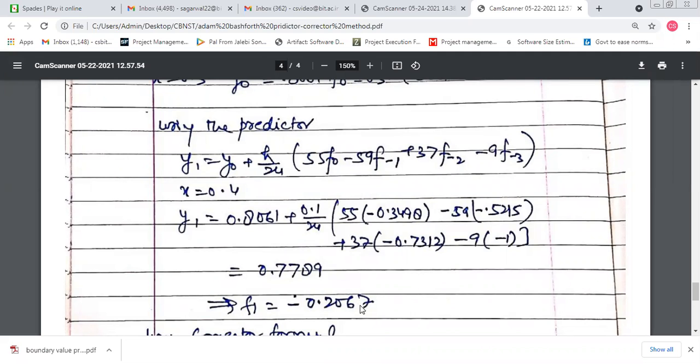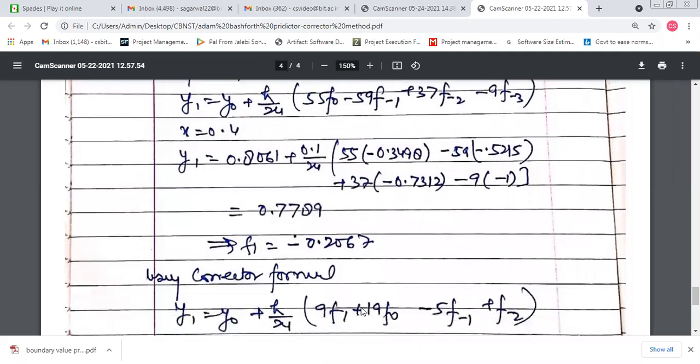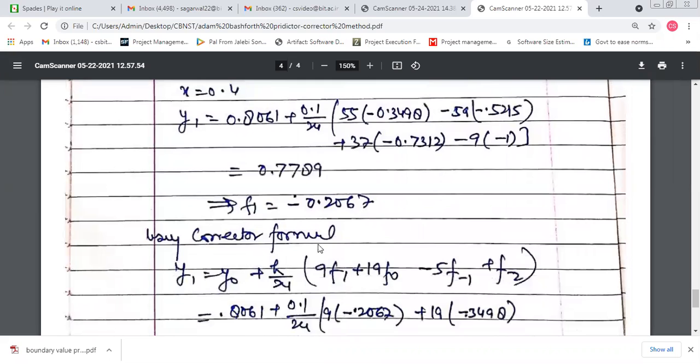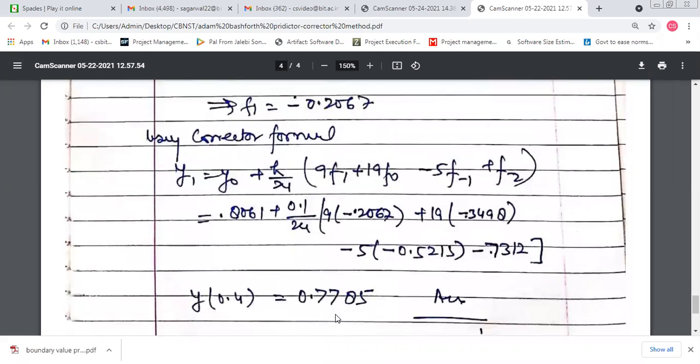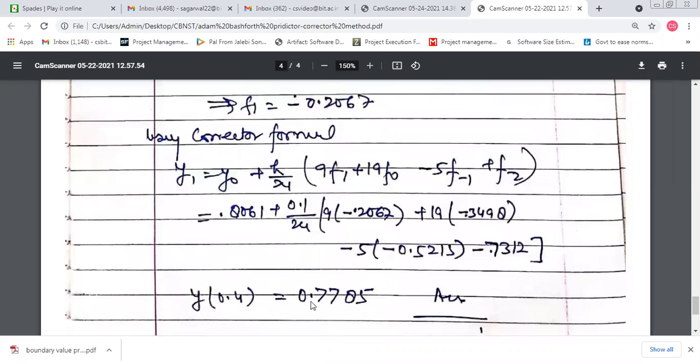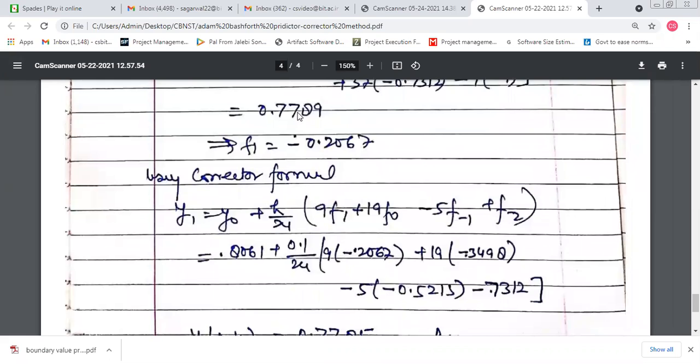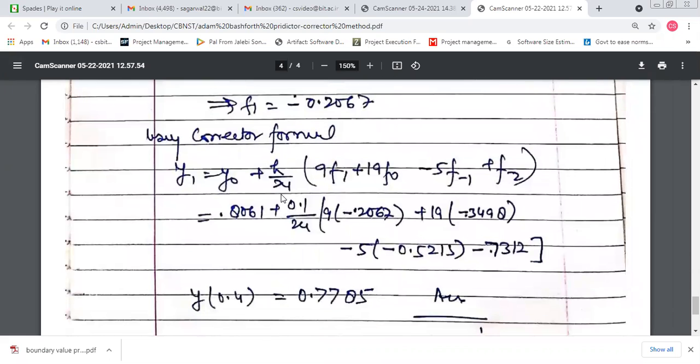So we will be getting f1 like this. Once you get all these values, then you will apply the corrector formula. Now the corrector formula includes f1, f0, f minus 1, and f minus 2. Putting all these values on the right hand side, you will be getting y at 0.4 as 0.7785. Now the predictor value was 0.7789, and the corrector value which we have got is 0.7785.